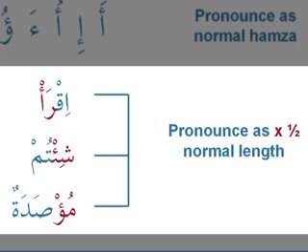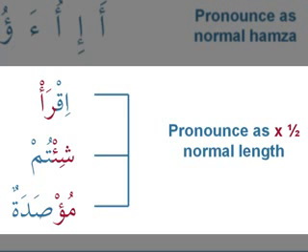So in all these three cases, we've got a sound followed by Hamza with sakin, with one example each of fatha, kasra, and dhamma. Now in the case you have a sound, and it will normally be a short vowel, i.e. the fatha, kasra, or dhamma, followed by a Hamza with a sukoon, you effectively pronounce the sound of the short vowel at half the normal length.